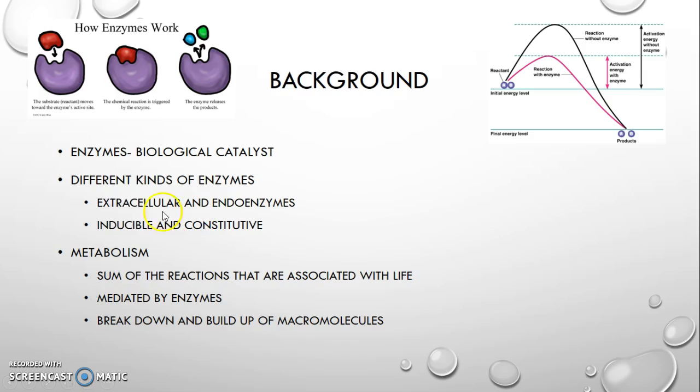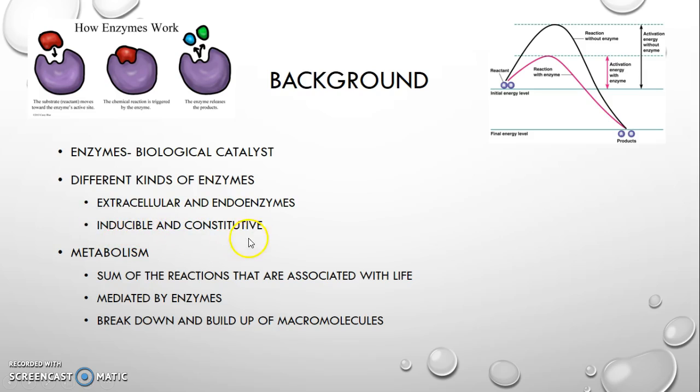Then there's inducible and constitutive. Inducible, we learned about if you remember talking about the lac operon or any of the operons, how you have inducers and activators that help either turn on or turn off genes. If the gene codes for these enzymes, then that enzyme is an inducible enzyme because it's controlled by an operator and an operon and all that.